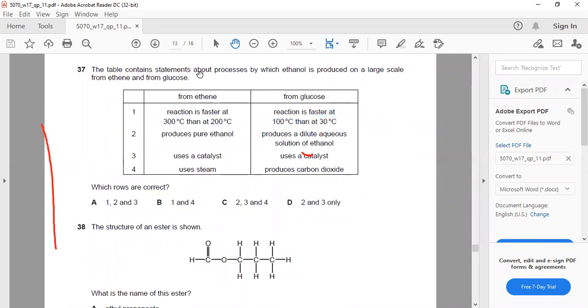37. Which statement about process by which ethanol is produced on a large scale from ethene and glucose? One is from ethene by adding steam. Phosphoric acid catalyst, 300 degrees Celsius, 60 atmosphere pressure.